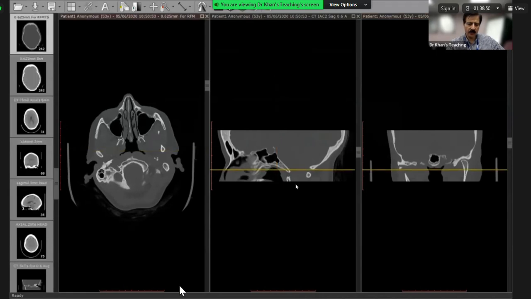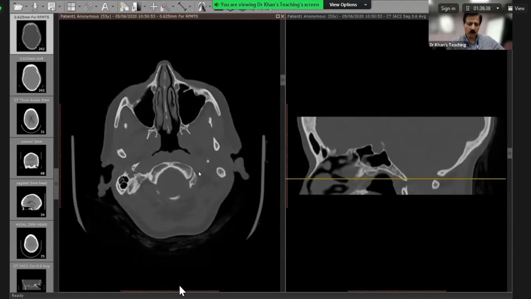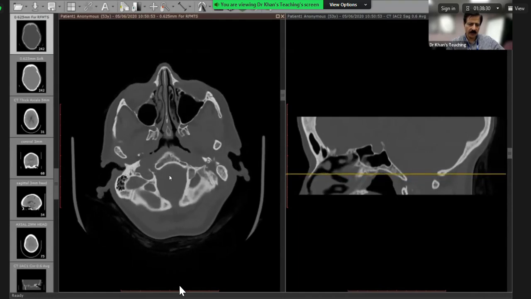If you see here, I am coming to the clivus. Just see this reference mark. I am coming towards the clivus. Here, there is going to be a gap. You see this gap?